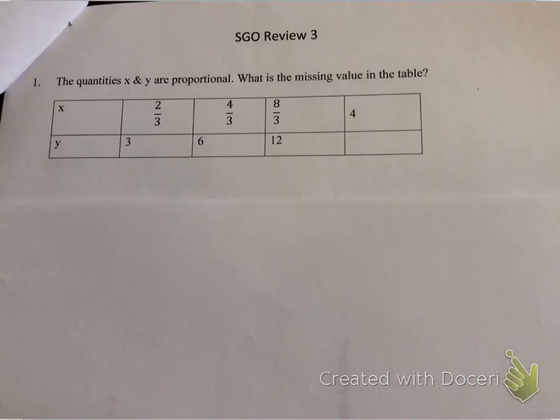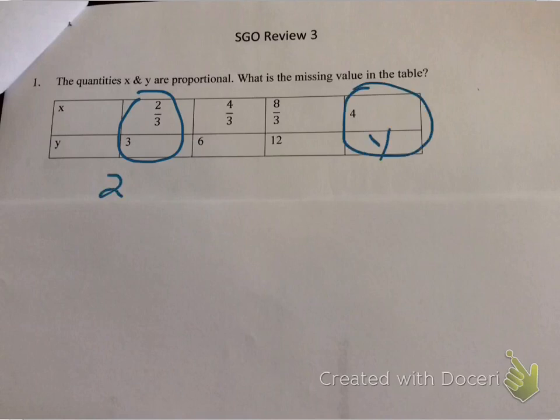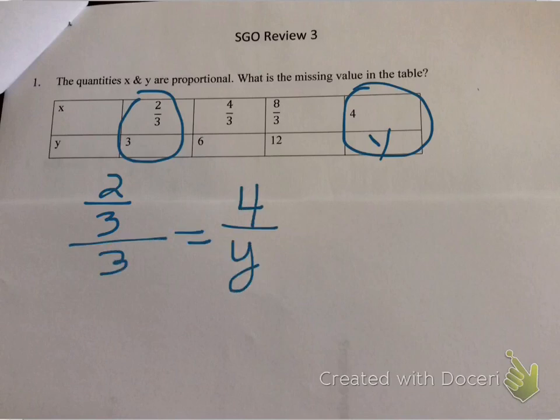Next problem, we have the quantities x and y are proportional. Similar question, we've seen this before. And when you see the word proportional, you can use a proportion. So I'm going to take my x and my y here, since I'm looking for that. I have 2/3 over 3 equals 4 over y.